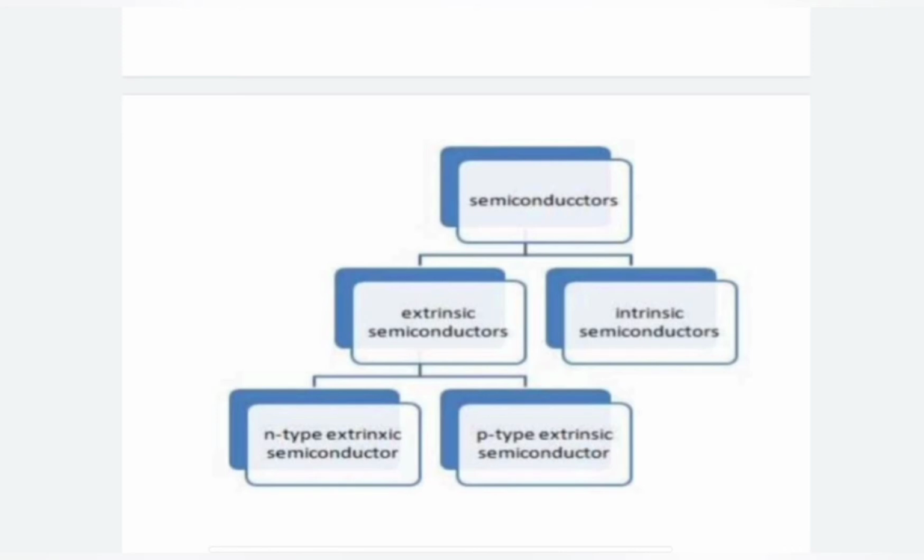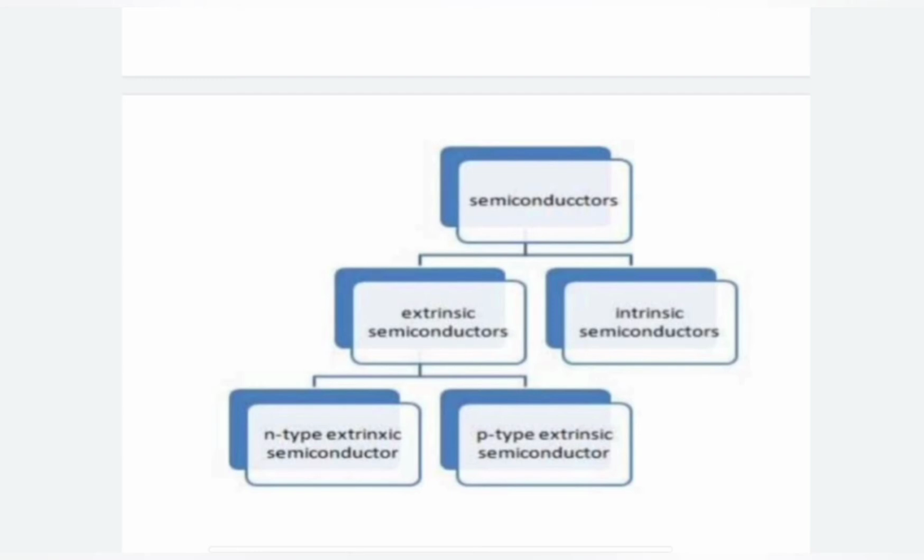Then we will see some classification. Before going to extrinsic semiconductors, we should see the classification of charge carriers. Charge carriers are the particles, like electrons, which carry charge and produce current. Charge carriers are classified into majority charge carriers and minority charge carriers.